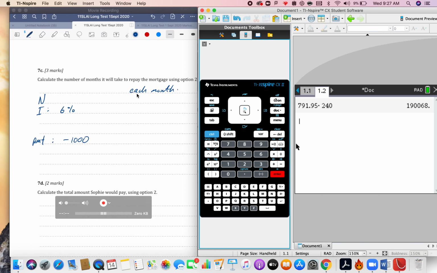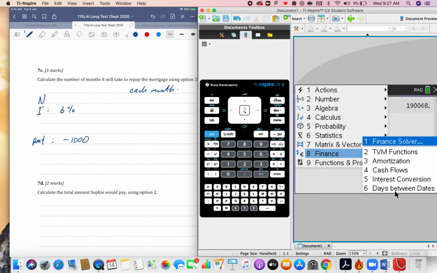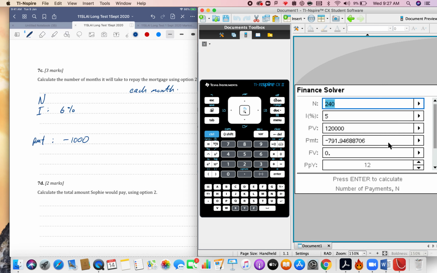Now let's get the finance solver out again. Menu, finance solver. N is what we're trying to find: calculate the number of months. Interest rate is 6%. After PMT, we've got FV is 0.